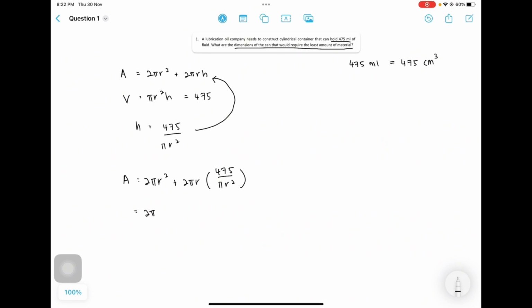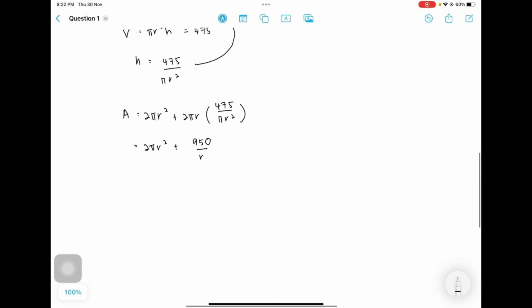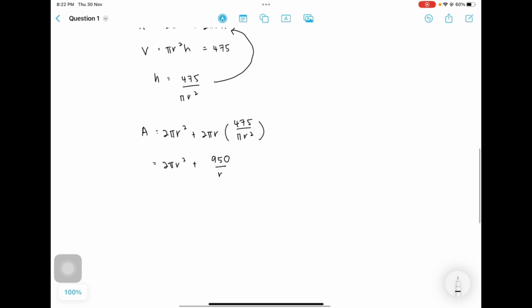Next, we simplify it, and we get 2 pi r square plus 950 over r. After that, we have to do the first derivative to get the critical point. So dA over dr is equal to 4 pi r minus 950 over r square.